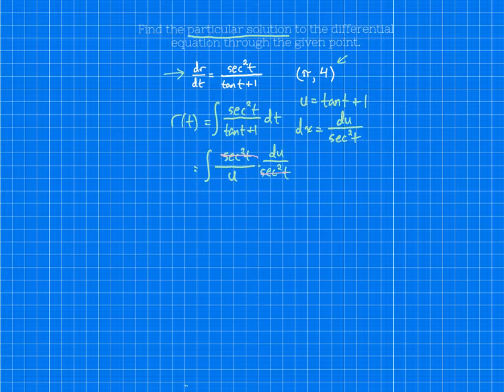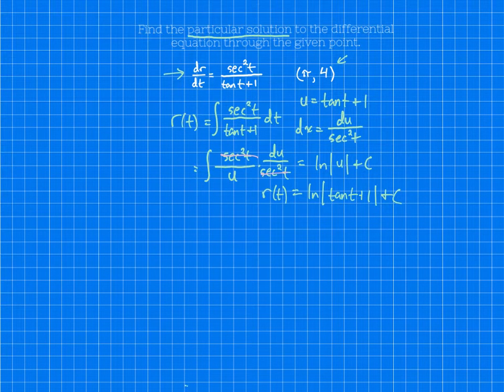We're left again with the integral of 1 over u du, which by now we should know pretty handily is ln of the absolute value of u, plus c, which if we sub our u back in, should be ln of the absolute value of tangent of t plus 1, plus c.